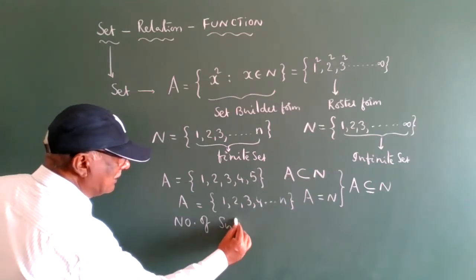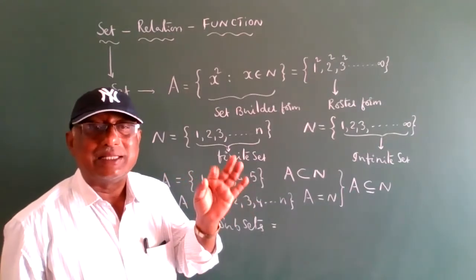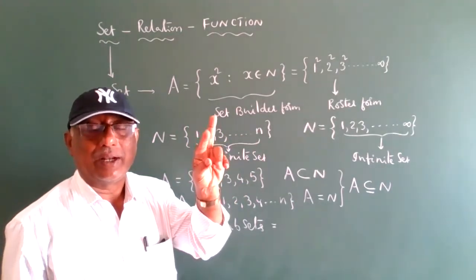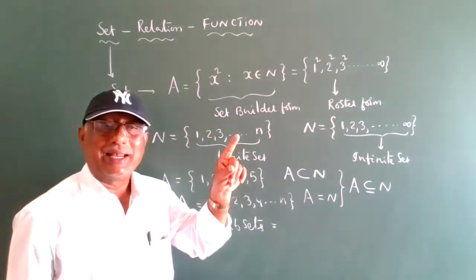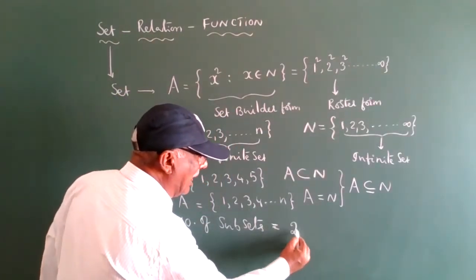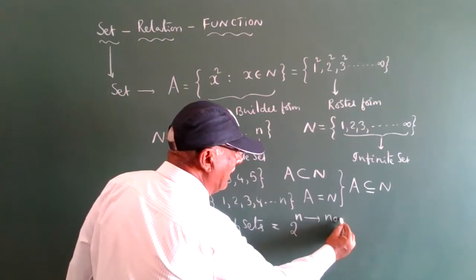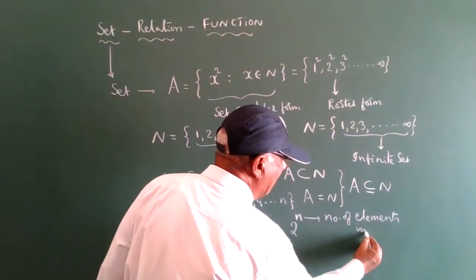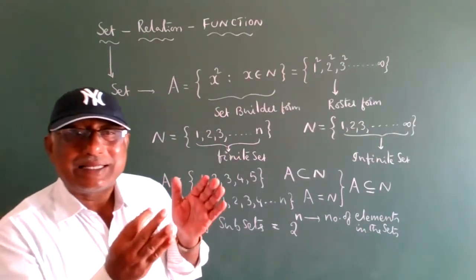The empty set is a subset of every set, and the set itself is also a subset. So there are two compulsory subsets, and the number of subsets is 2 to the power n, where n is the number of elements in the set. Is it clear, everyone?